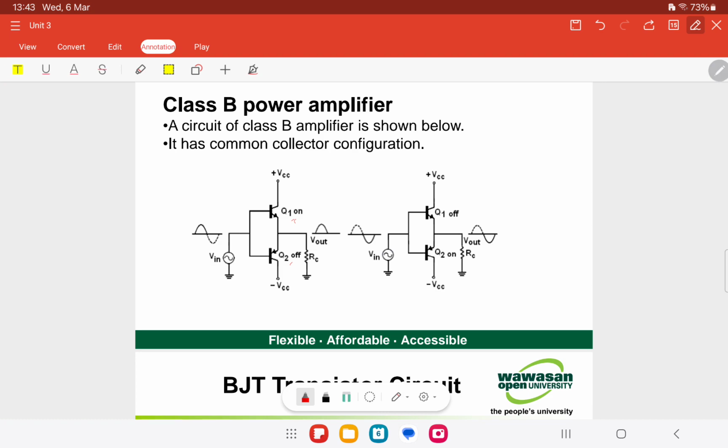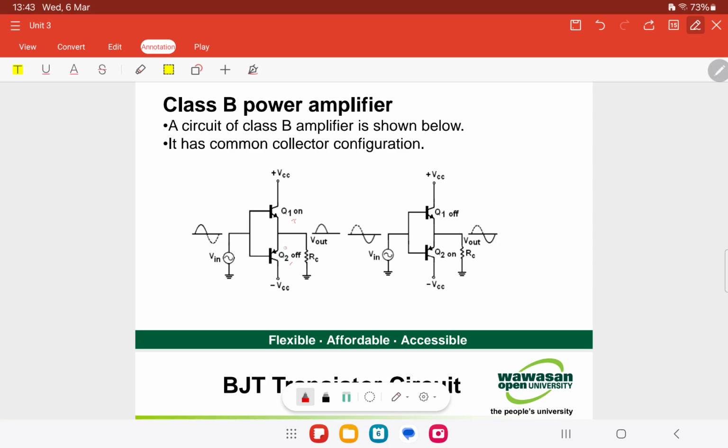The circuit here shows a push-pull class B amplifier which utilizes two emitter followers and acts as a complementary amplifier. The reason for complementary is that one is NPN and the other is PNP, which conduct on opposite alternations of the input signal. During the positive cycle, the NPN is conducting while the PNP is cut off.